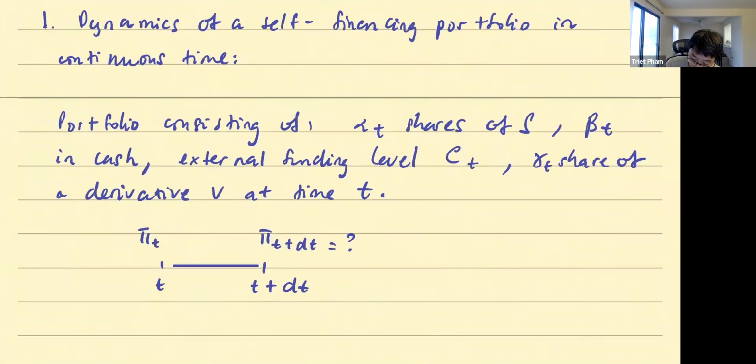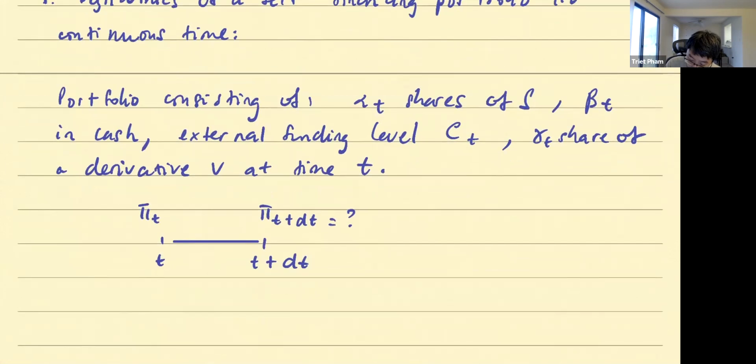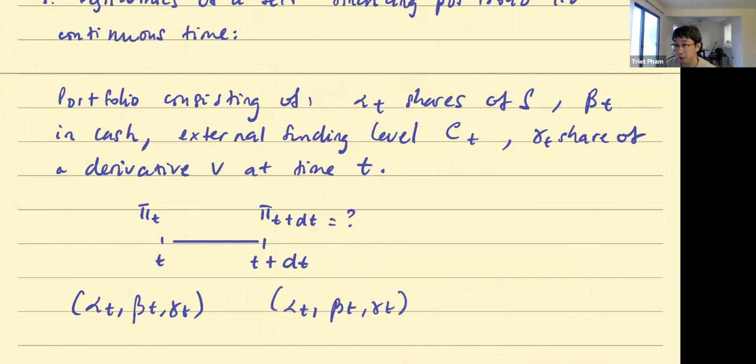The whole idea is that when time moves like this, the composition of the portfolio does not change. So for example, when at time t you hold alpha_t, beta_t, and gamma_t in terms of your stock, cash, and derivative, it will stay the same at the next moment because you did not have time to update your portfolio yet.